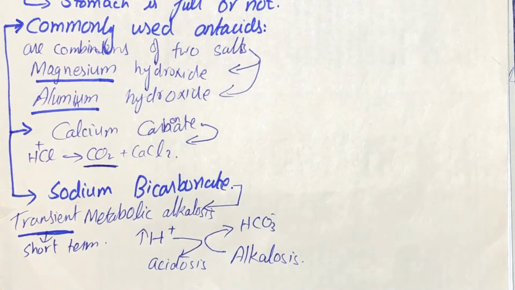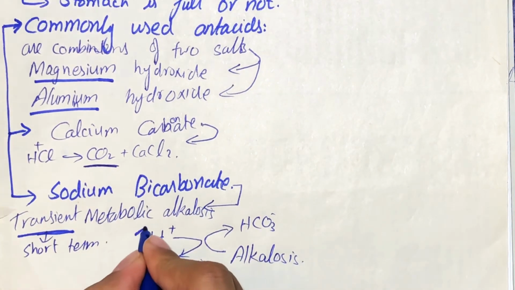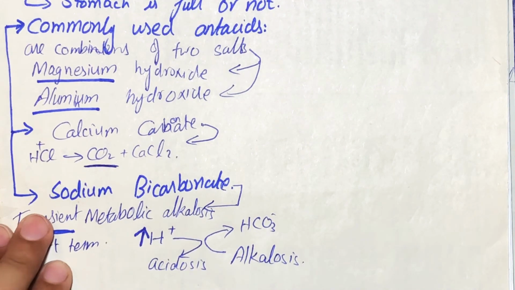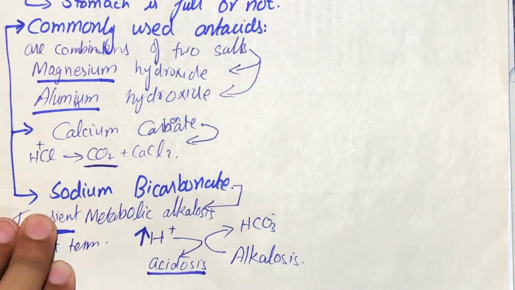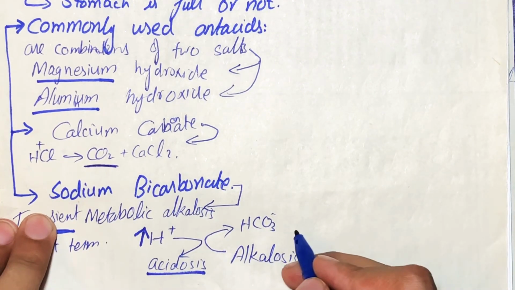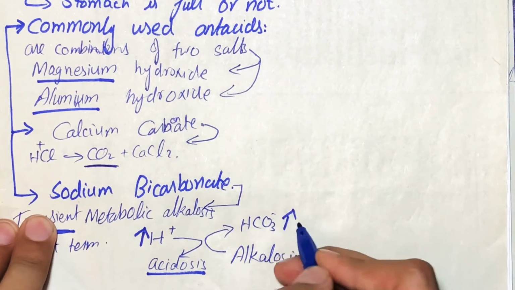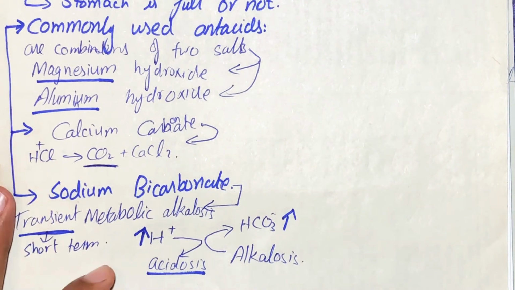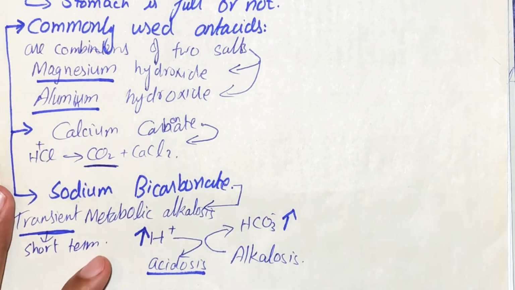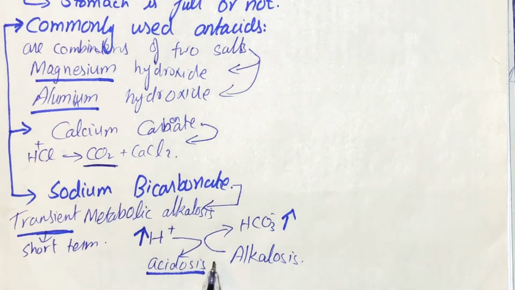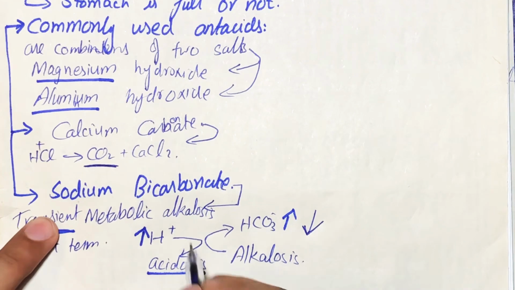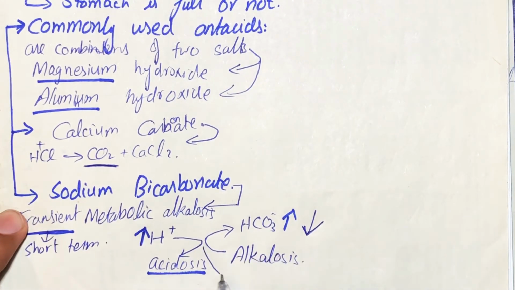I'm saying that when there is increase in the concentration of H positive ions in our body more than normal, it will cause acidosis. Whereas when there is increase in bicarbonate ion, it will cause metabolic alkalosis. Because these two ions are actually working by exchange mechanism. In normal condition, we need to have balance between these two ions.